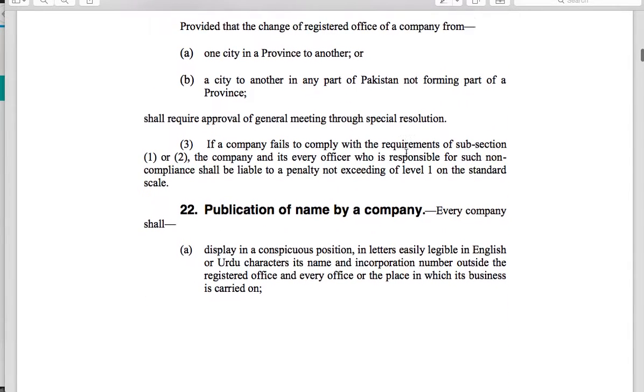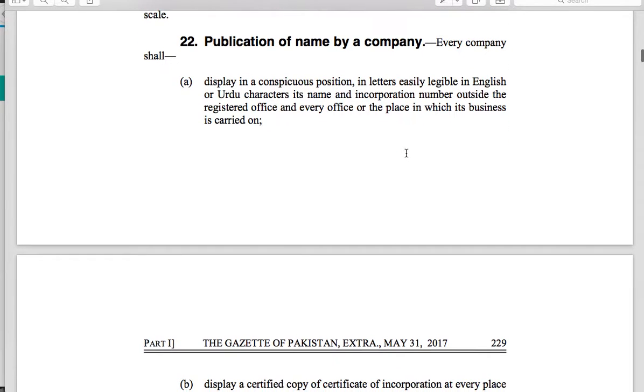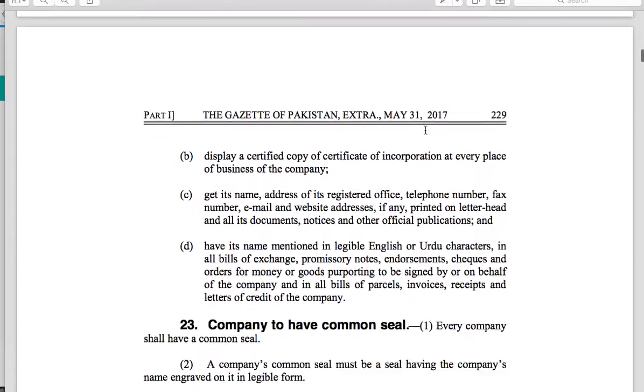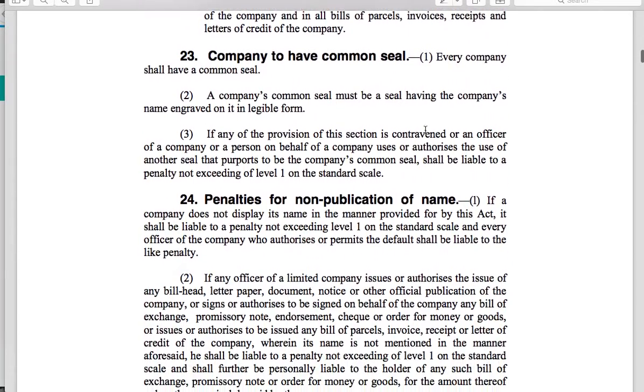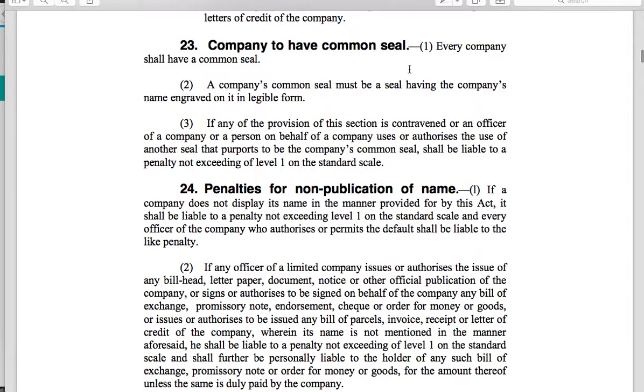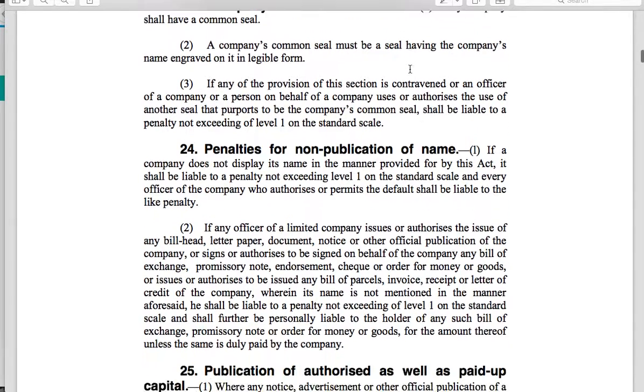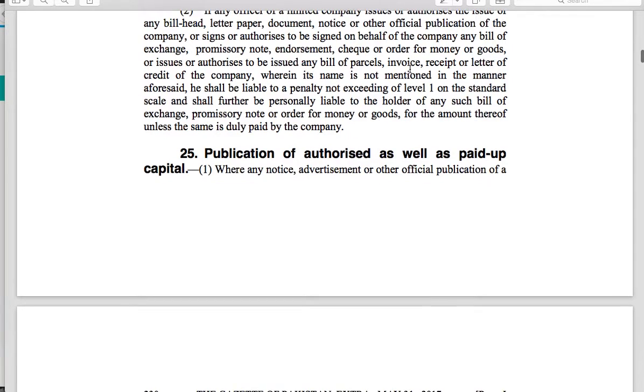Once, during registration, you give this, then publication of name. This is a requirement that wherever you go, you'll have to display your company name, and you'll have to have your company seal, a stamp, and these are the penalties for not doing that.